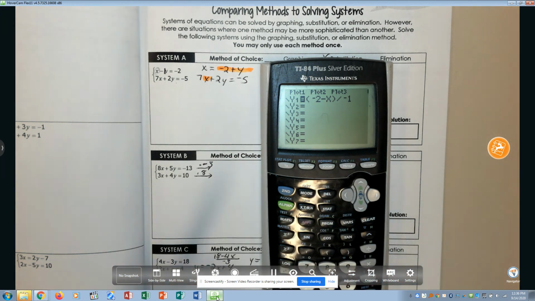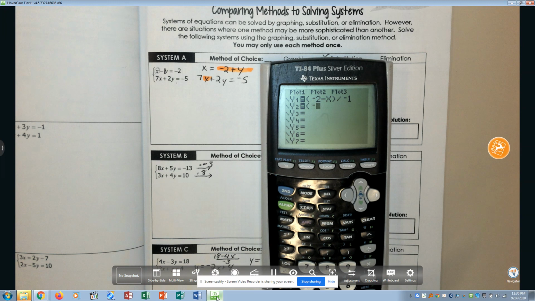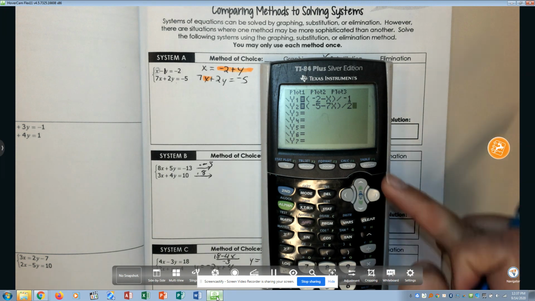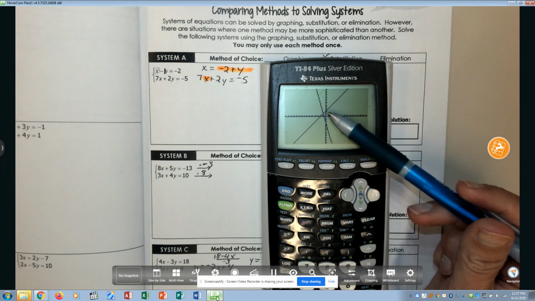Let's do the second equation. We start with parentheses, subtract the x term, close parentheses, divide by the coefficient of y. All right, so that's what you need. So now we hit graph. Now we have to be able to see the intersection point in order for this to work.